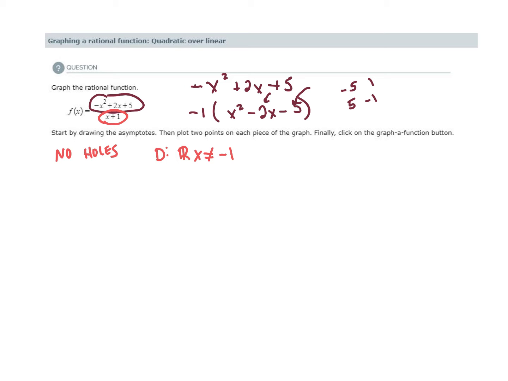So this has a vertical asymptote at x equal -1. If I start to build my graph, I'll just sketch it down here. At -1, this is going to have a vertical asymptote.